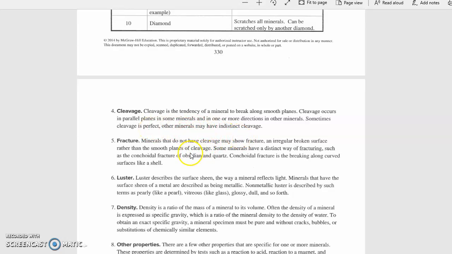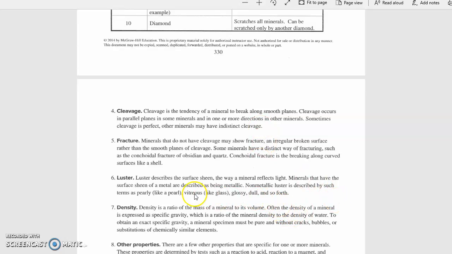For the fracture, those that do not have cleavage may show fracture of some sort, an irregular, broken surface rather than a smooth plane. There's also something called conchoidal fracture, which is breaking along a curved surface, and a few of the ones that we have today will do that as well. These two properties will be in a single column.